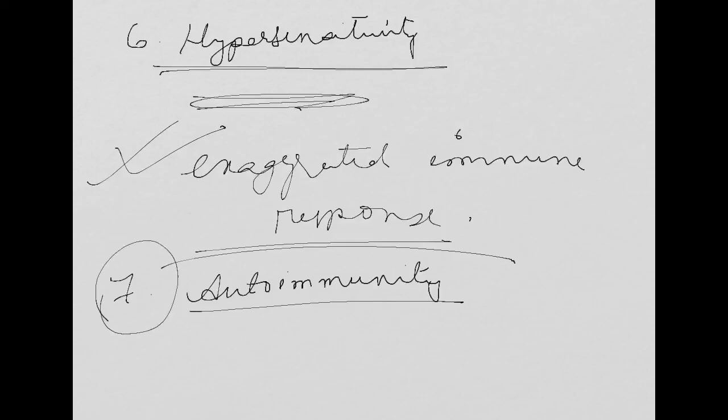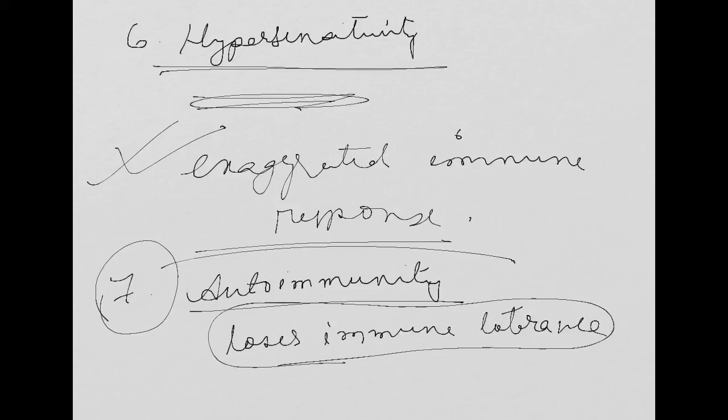Number 7 is autoimmunity. It's a condition characterized by the presence of autoantibodies and self-reactive lymphocytes or T cells. Autoimmunity manifests when the body loses immune tolerance. That means the body is unable to distinguish between self and non-self antigenic molecules.